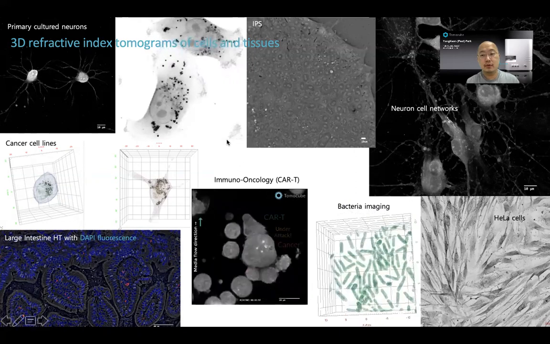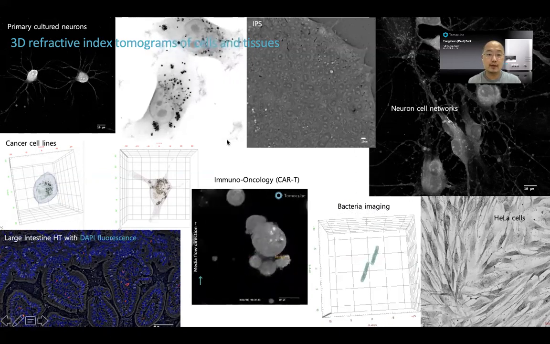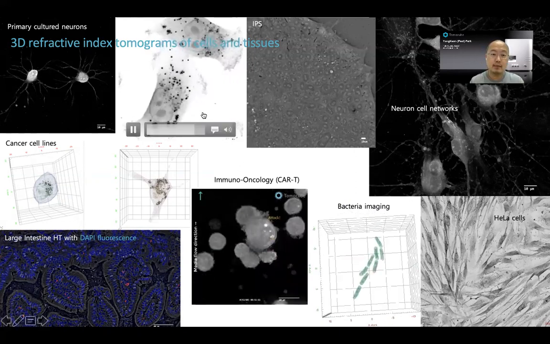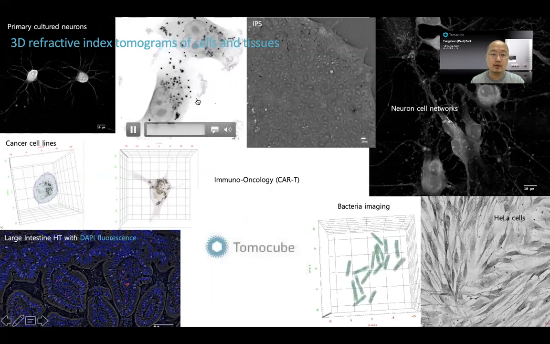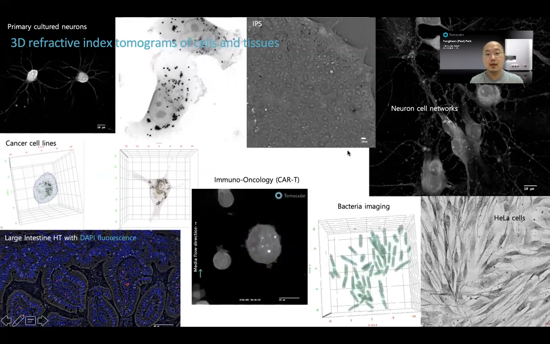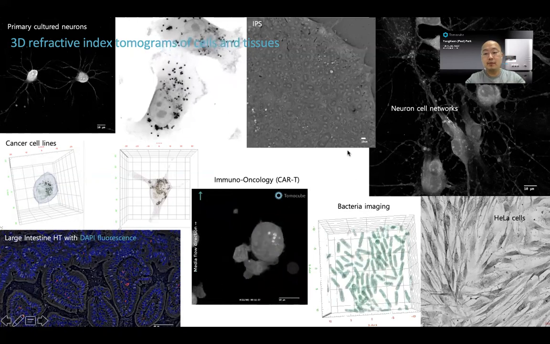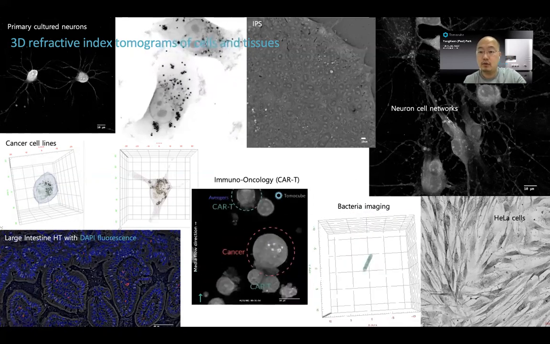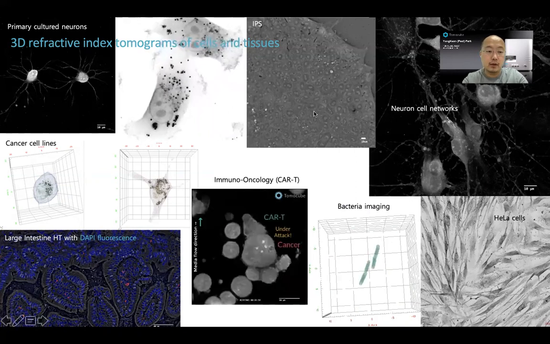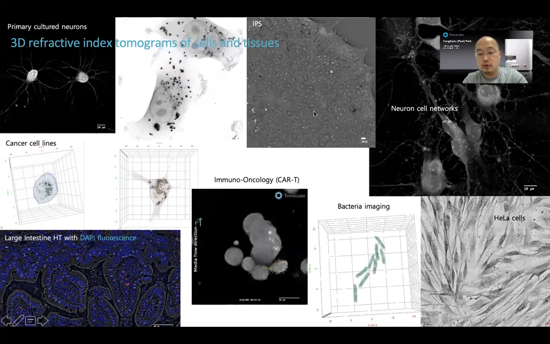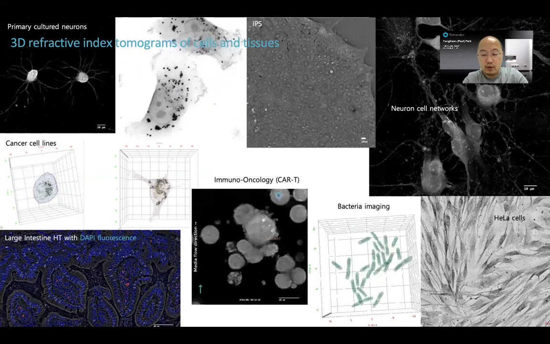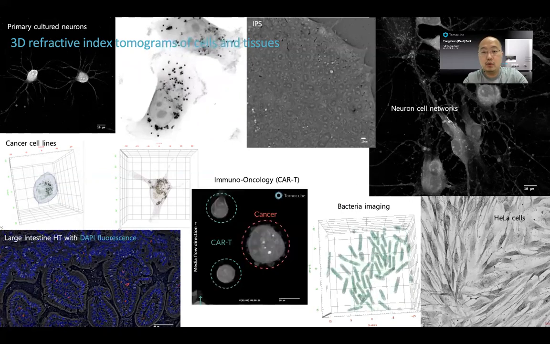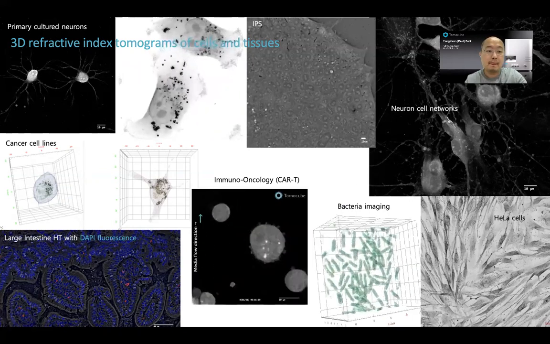Since we can measure multiple 3D data per second, we can access the dynamics of subcellular organelles and the overall cell membrane. The live cell imaging capability of HT is well suited for neuroscience as well as stem cell researchers, because you don't want to modify or induce unwanted effects in the cell.